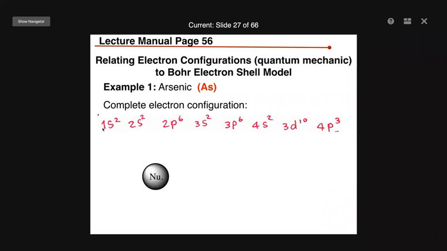And the number 1 that you see, we already mentioned this: the number that comes before the letter tells us the value of n. So this n equal to 1, for example, this n would equal 2, for example. The S, P, D, or F letters refer to the angular momentum number, which is the L value.